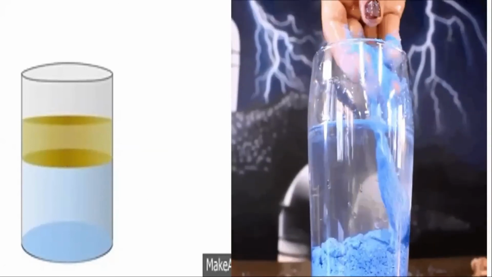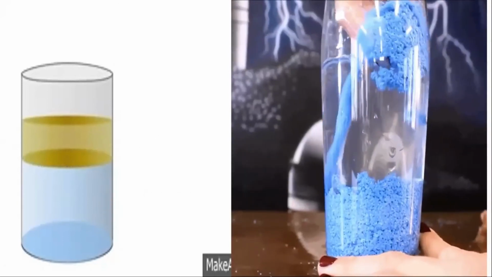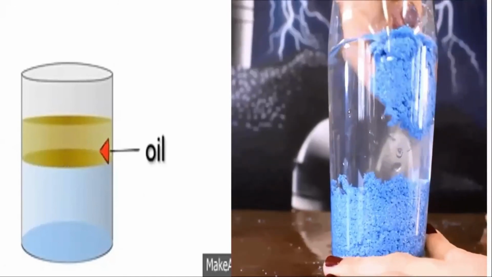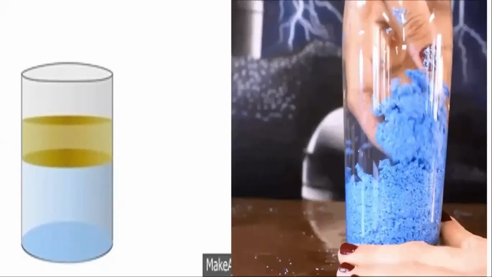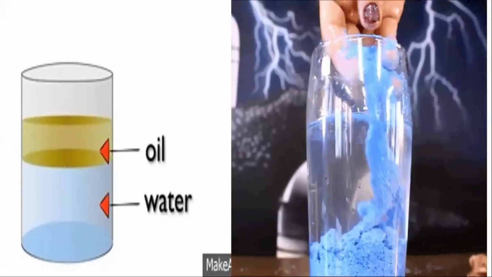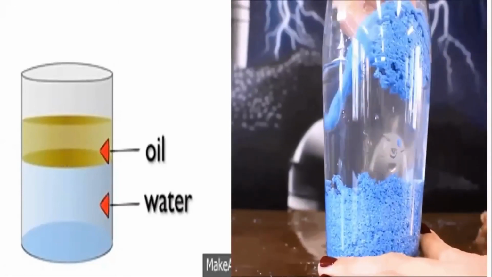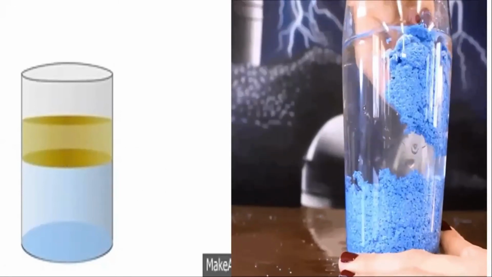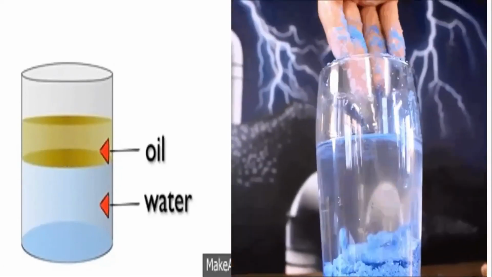Or, if you're going to mix oil and water, the oil is on top of the water. So the main thing that you need to remember in a suspension is that a substance may settle at the bottom of the container or may stay on top of another substance.